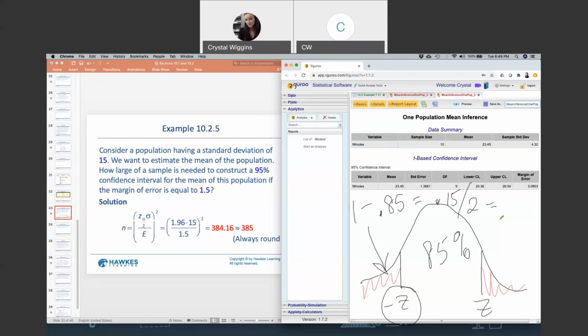And so 0.15, I didn't do a very even number here, 0.15 divided by 2 is giving us the area of 0.075, or 7.5%, in each tail. So we would be saying that the area is 0.075 in the left tail, which would allow us to calculate the critical value.